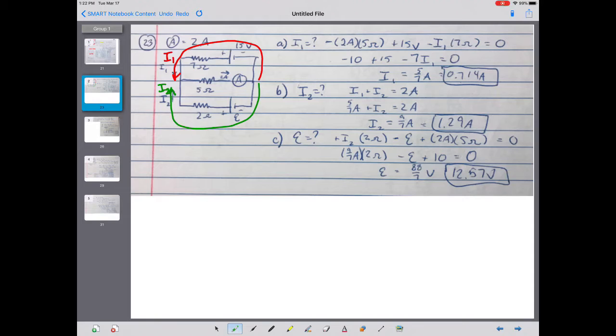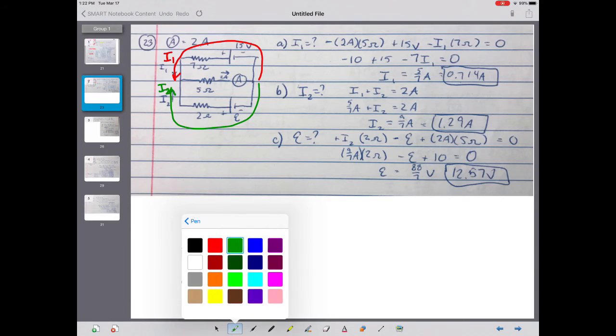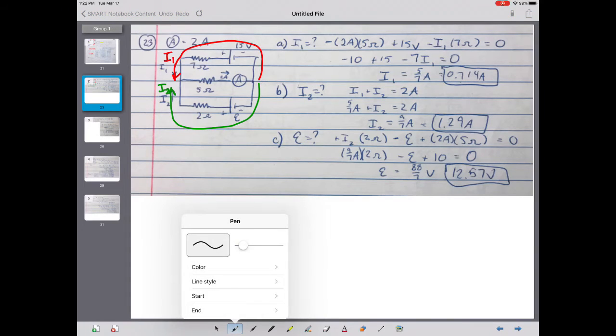So then solving for I1, I would set up an equation for the top loop. I'm starting right there at the black dot going across the center branch. So that would be in the direction of I2. So I times R would be a negative 2 times 5 ohms.